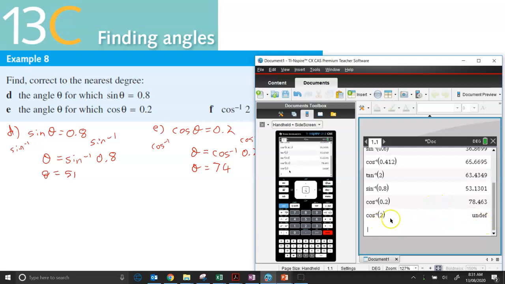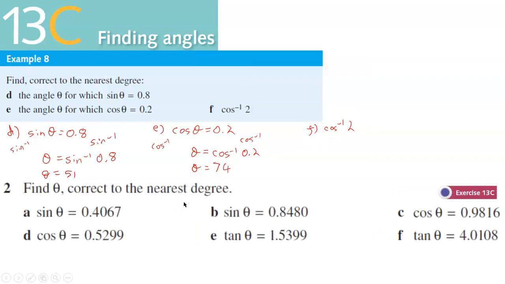Now you might remember from last lesson, cos of theta and sine theta are always between 0 and 1 for the ones we're doing. So anything that's greater than 1 is undefined. Pause the video now while you have a go at question 2. And here are your answers.